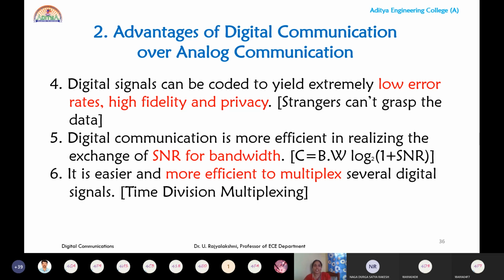That's why you need a relation between the SNR and bandwidth. The Shannon-Hartley theorem defines the channel capacity C in terms of bandwidth and SNR. Digital communication is more efficient in realizing the exchange of SNR for bandwidth, which is stated by the Shannon-Hartley theorem. The derivation for this you will study in the fourth chapter, part B.